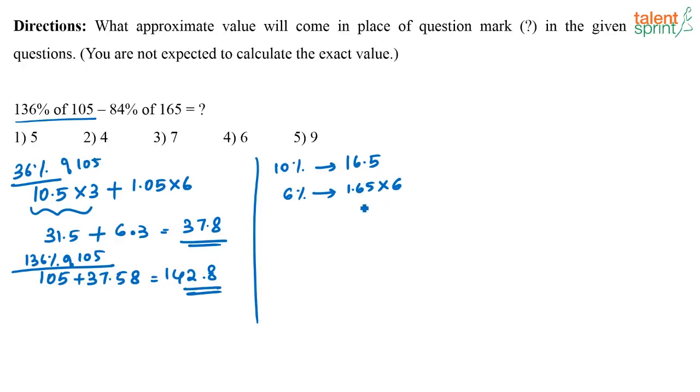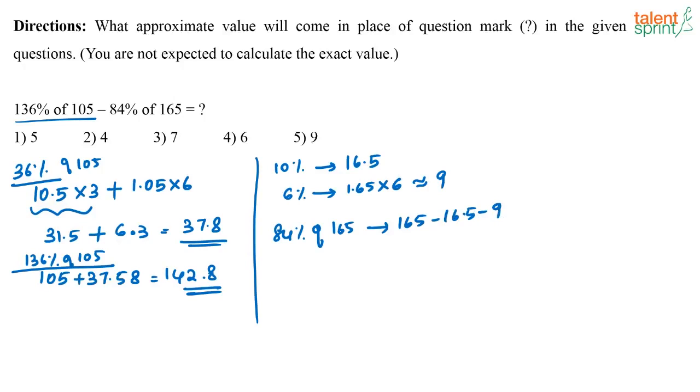See, 1.65 into 6, it is approximately 9. Am I correct? 1.65 into 6. Yes, approximately 9. Right? 6 percentage is approximately 9. So what is 84 percentage of 165? It is nothing but 165 minus 16.5 minus 9.